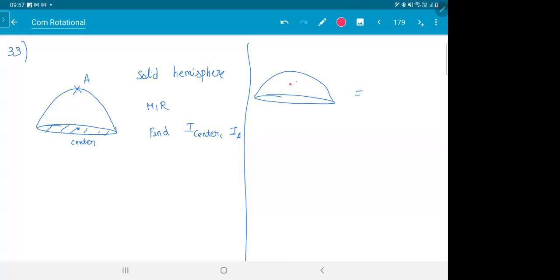This point A is there now. I'll break this into 2 pieces. You're getting it? I'll break every point into two pieces. Every point is divided into 2 pieces, and it's placed on the other side.